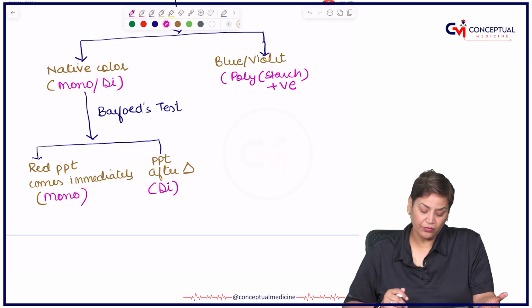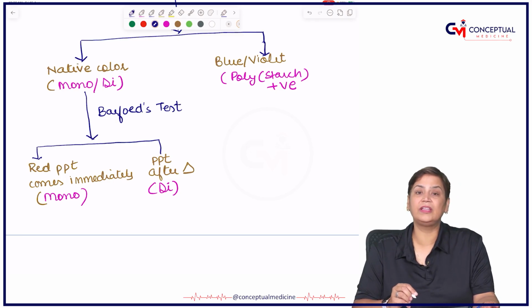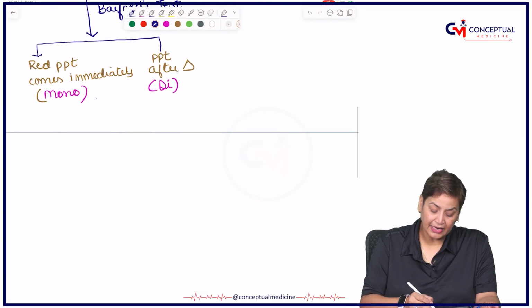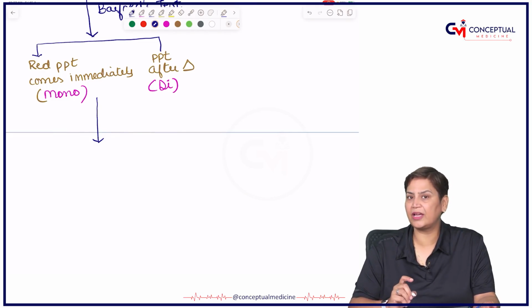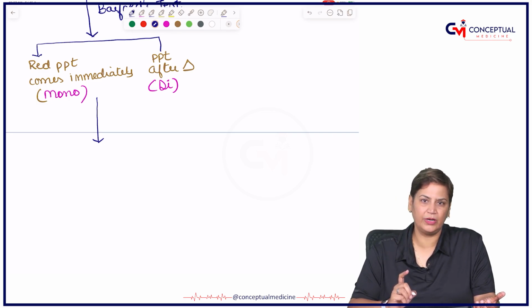Now we know whether it is a monosaccharide or a disaccharide. Then the most important test is to find out whether the sugar is reducing or not. That is a very important test, and it is of clinical importance also, whenever we have to check the presence of reducing sugars in urine, because this is one of the very important abnormal constituents in urine.